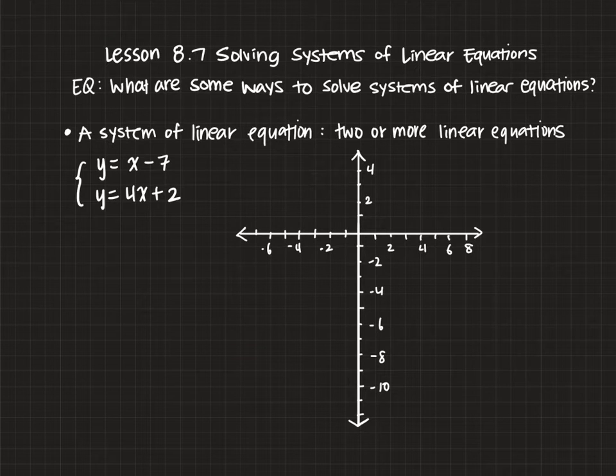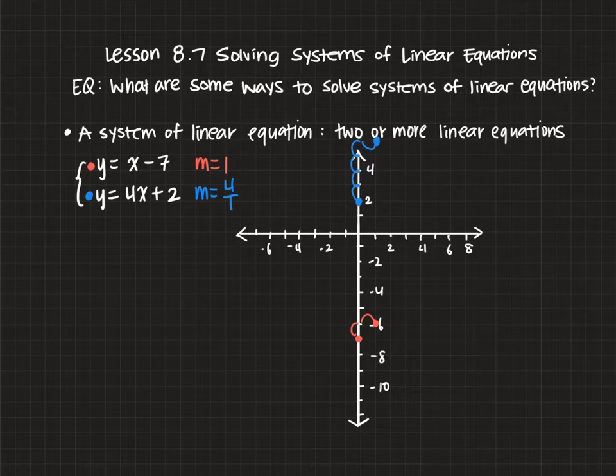The first one will have the y-intercept of -7, and the second one will have the y-intercept of 2. And then I find the slope. The first one has a slope of 1, so 1 up and 1 right. And the second one has a slope of 4, so it's 4 over 1. So I go up 4, 1 right.